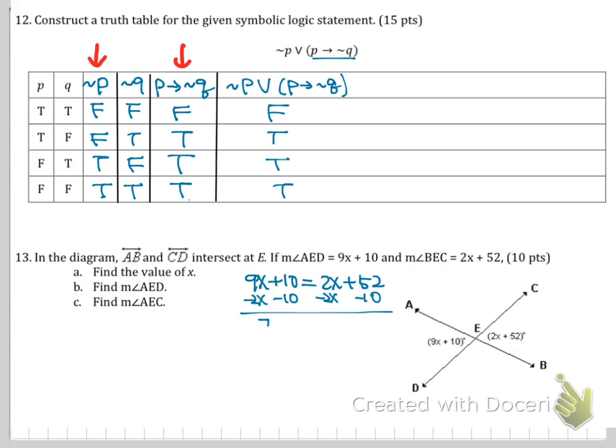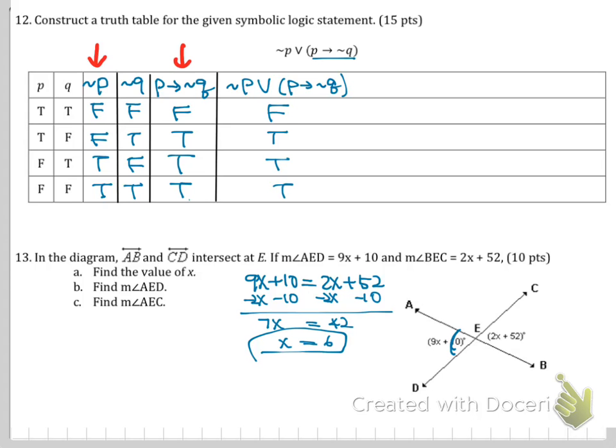Then we end up getting 7x equals 42. That makes x equal to 6. So we found the first answer. X equals 6. What is AED? AED is this angle. All we have to do is put 6 in place of x and add 10 to it.